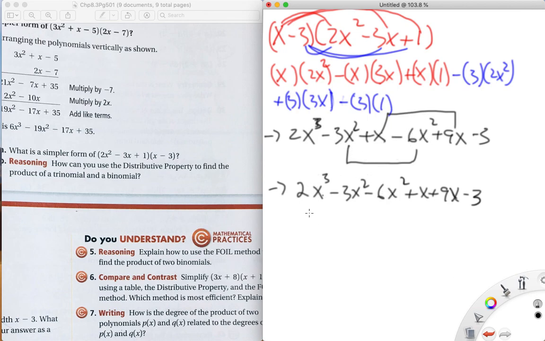2x cubed is by itself. There's nobody to combine it with. Negative 3x squared minus 6x squared is negative 9x squared. x plus 9x is 10x.